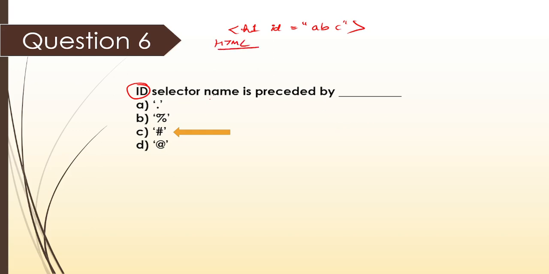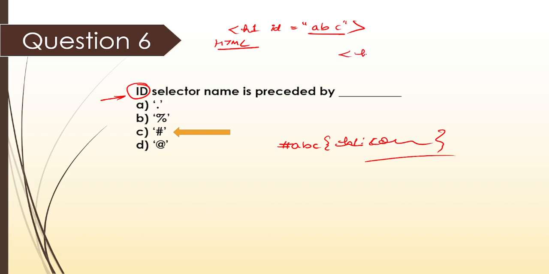When I want to give it some properties in the CSS file, you can write hash, the name of your ID, that is abc, and start giving properties like color, whatever you want.